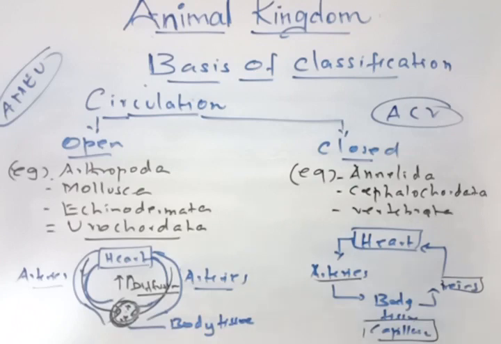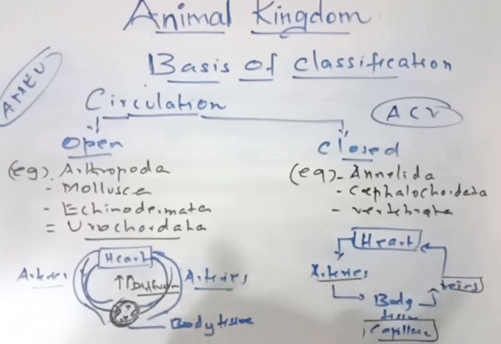So my dear, that's all for today's class. What we studied today is very important. First, we discussed what the Animalia kingdom is, what Metazoa is, then the two subkingdoms of Metazoa, Parazoa and Eumetazoa. Then we studied the two divisions of the kingdom Animalia, that is invertebrates and vertebrates.